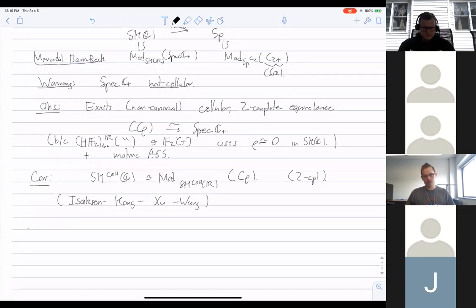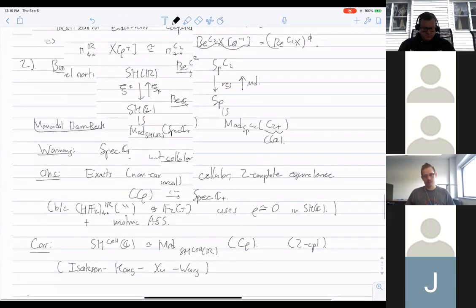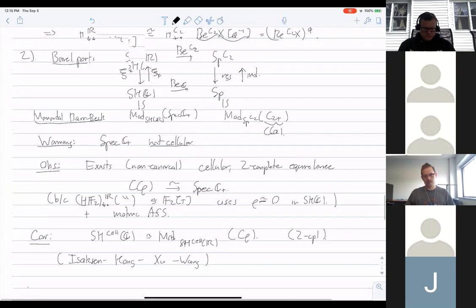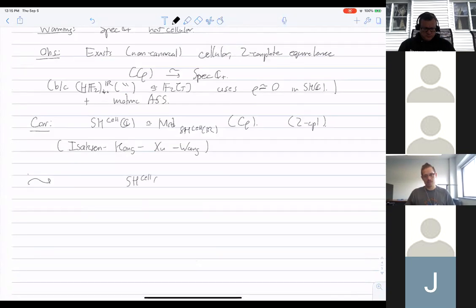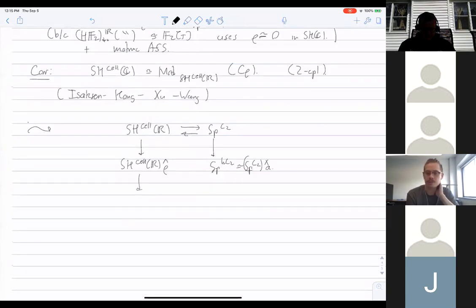Let's plug it into our picture where now I want to involve the a-complete and rho-complete categories. So this yields the following picture: SH cell R, C2 spectra, SH cell R rho-complete, SpC2, which is SpC2 a-complete, and modules over the cofiber of rho, modules over the cofiber of a.